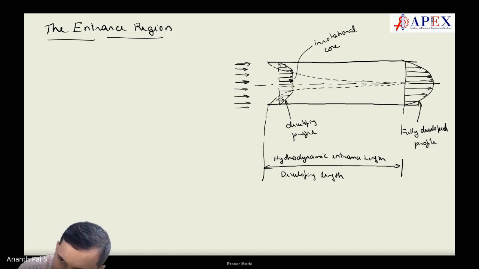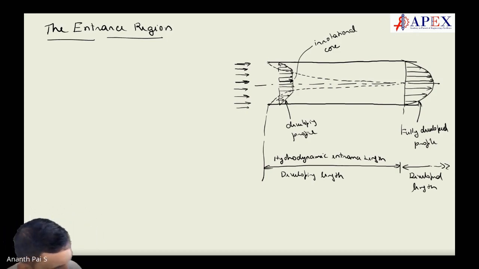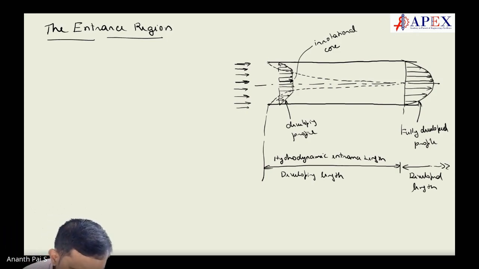And from here onwards, it is called the developed length, or hydrodynamic fully developed region.